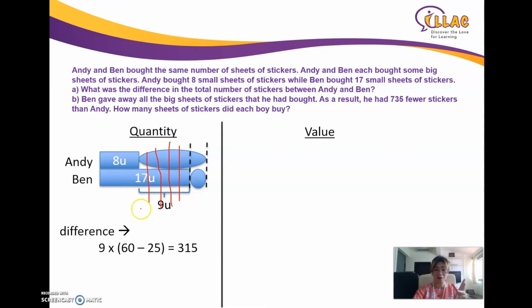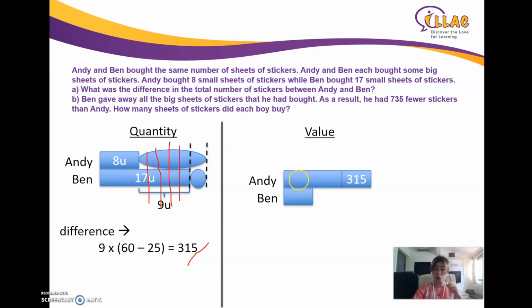I didn't draw 9 of course over here, but you know there are 9 times. 60 minus 25, 35 stickers of difference, times 9. You get the difference to be 315. That is part A.